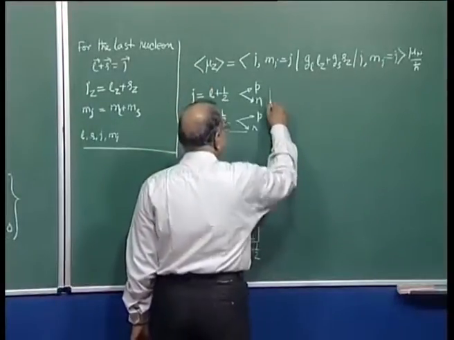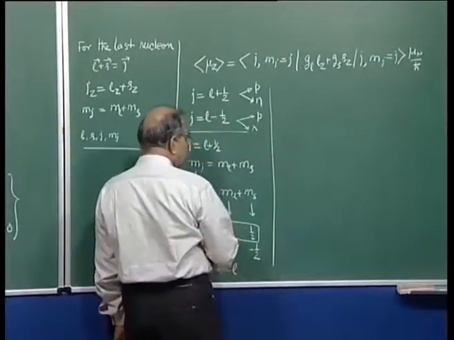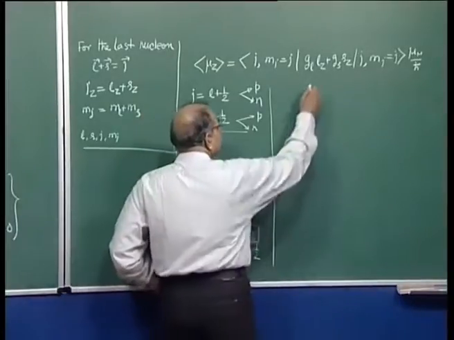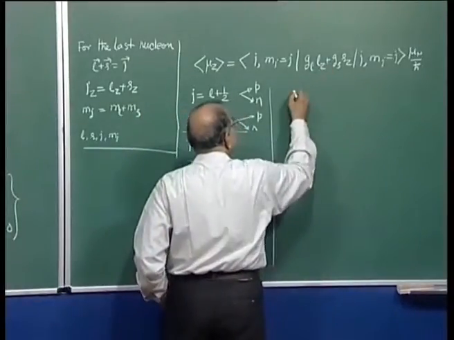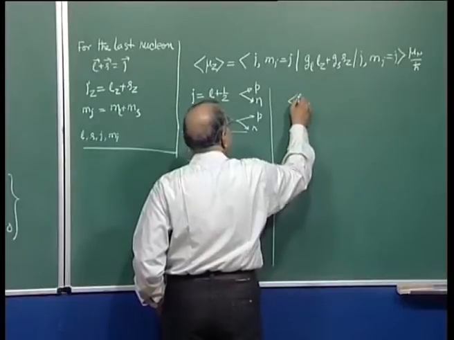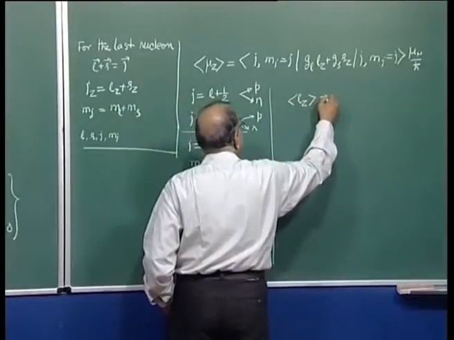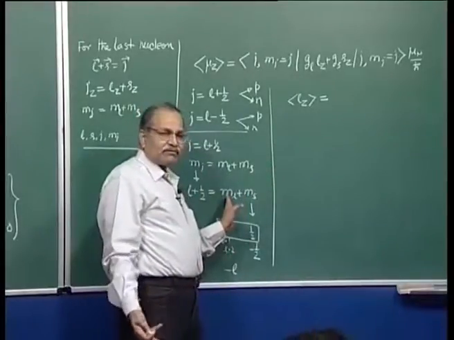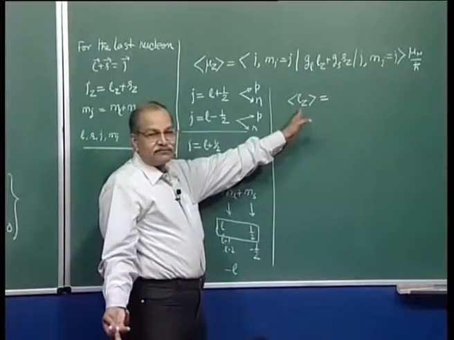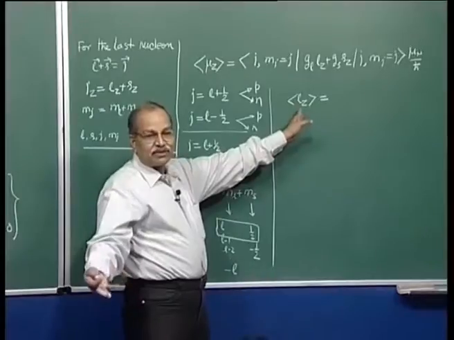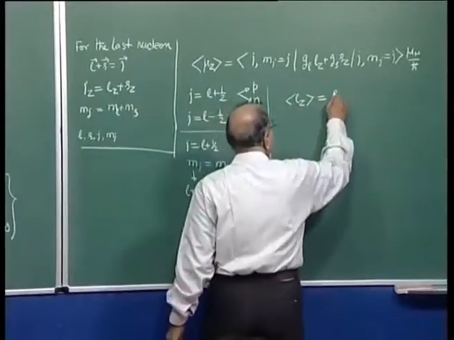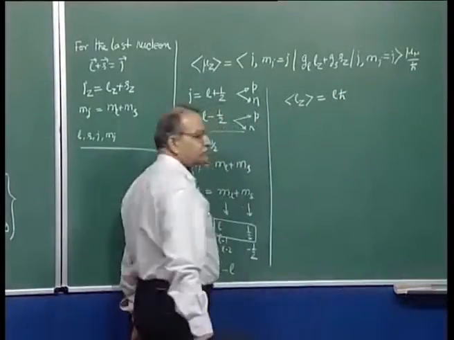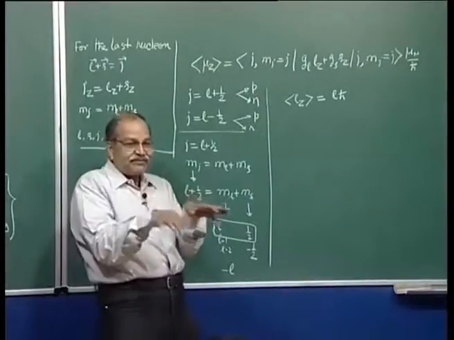If I know that m l is equal to L, then what will the expectation value of this Lz be? Because m l has only one value, Lz will have just that m l times h cross, that is L times h cross. There is no mixing.